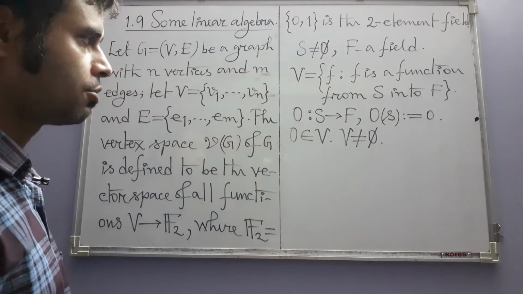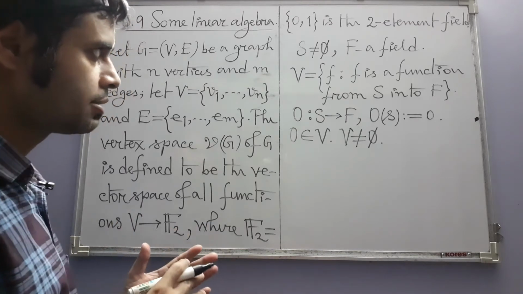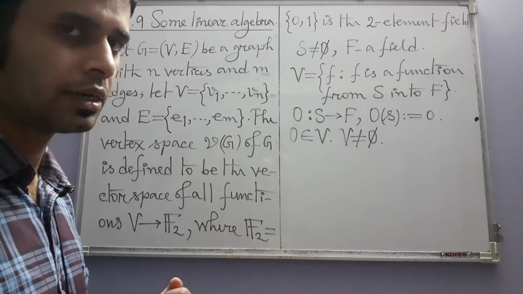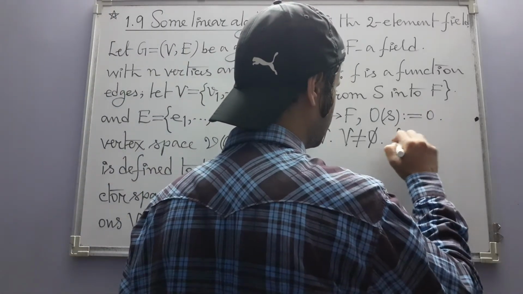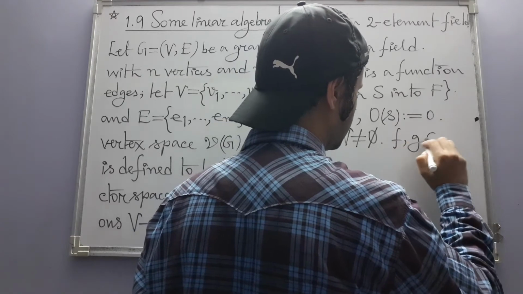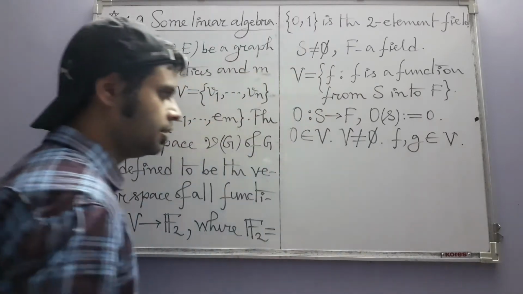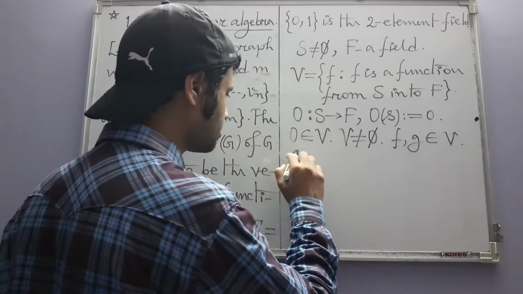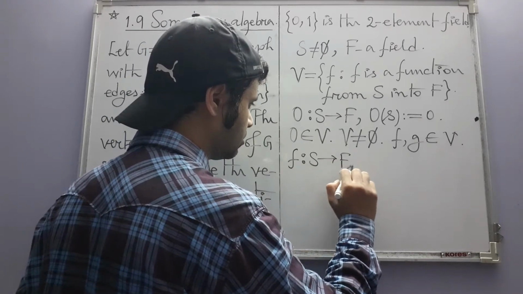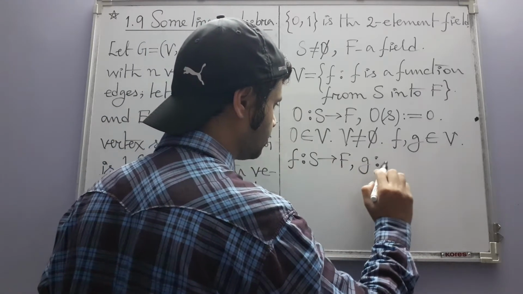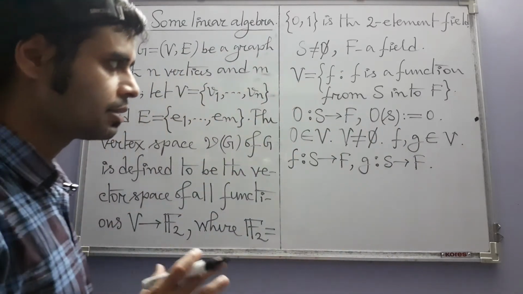Now next, what we are trying to show is that this V is naturally a vector space over F. What are the operations? Let's see the addition first. Say we have taken two elements f and g in V. So that means both f and g are functions from S into F. Now we want to define their sum.